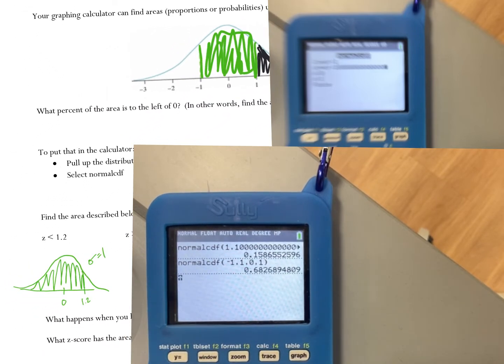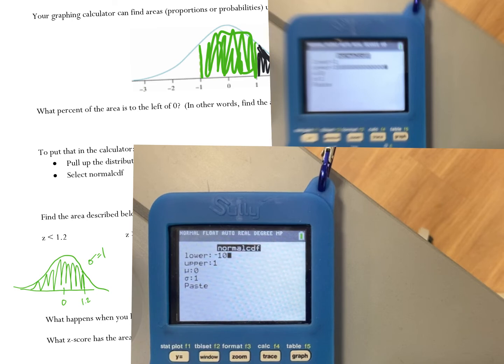So I go to my second vars, choose normal CDF, which I put for my lower in this case negative a gajillion.